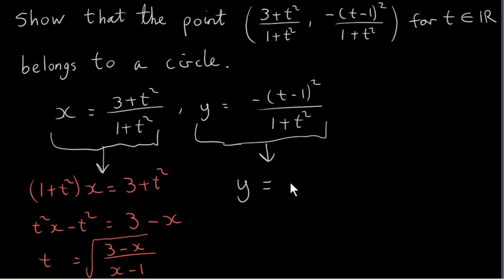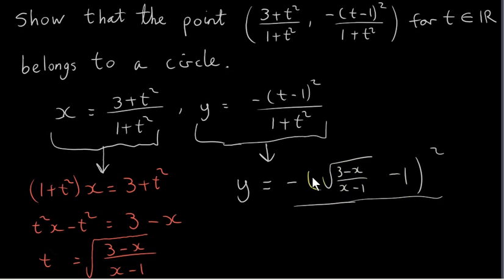So for t we have the square root of (3 minus x) over (x minus 1). And we have to take the square root of (3 minus x) over (x minus 1) here and square it. Now we have an equation connecting y with x.